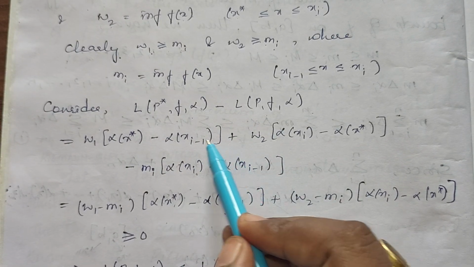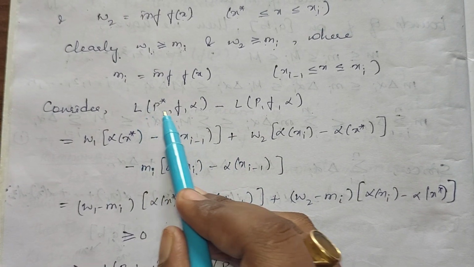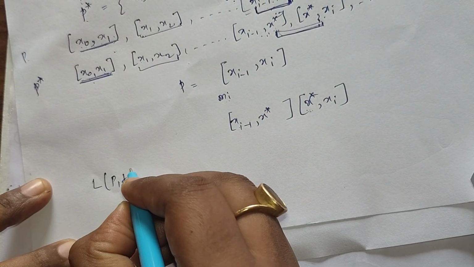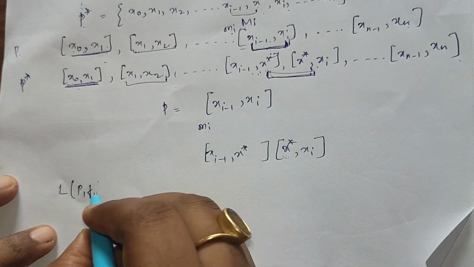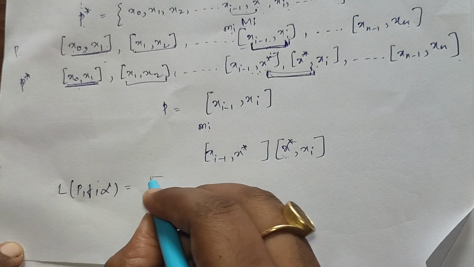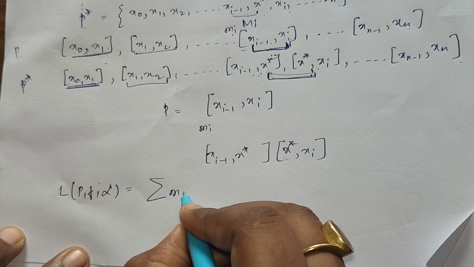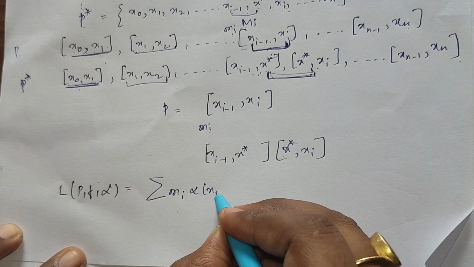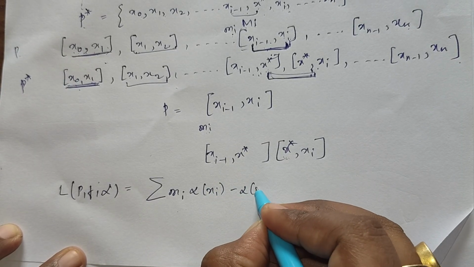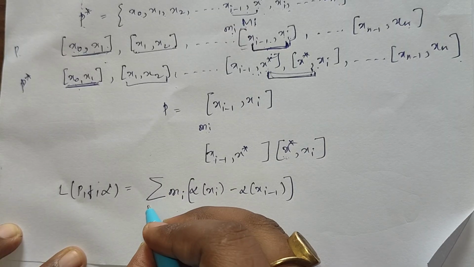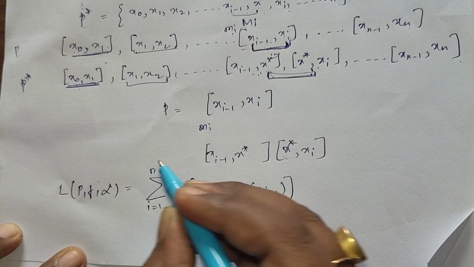See here, actually the definition of L of p comma f comma alpha is summation mi into alpha xi minus alpha xi minus 1, for i equal to 1 to n.